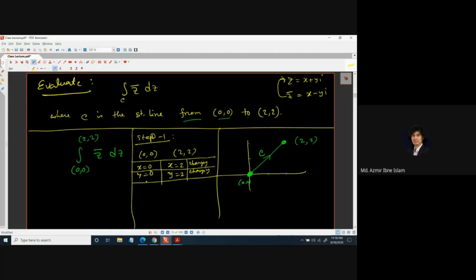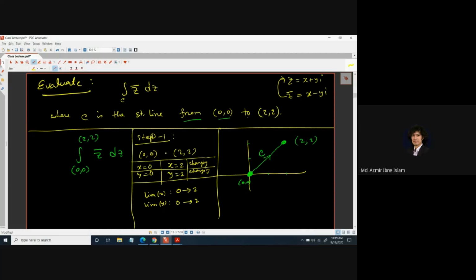So in this case, both x and y can be the limit. Do you understand my point? If we take x as the limit, then 0 to 2 will be the limit. If we take y as the limit, again these values are the same, 0 to 2.